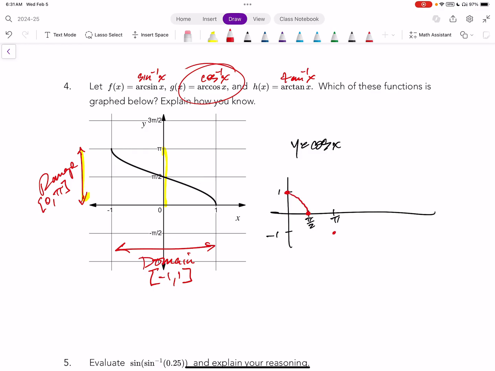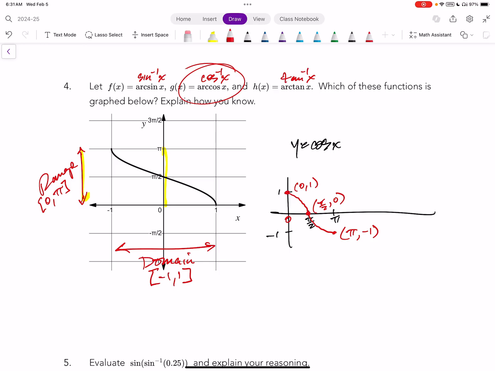So here's half the period of cosine. There's the restricted cosine function from 0 to pi. And notice the points on the graphical map. This one here is 0, 1. This point here is at pi halves, 0. And this point here is at pi, -1.